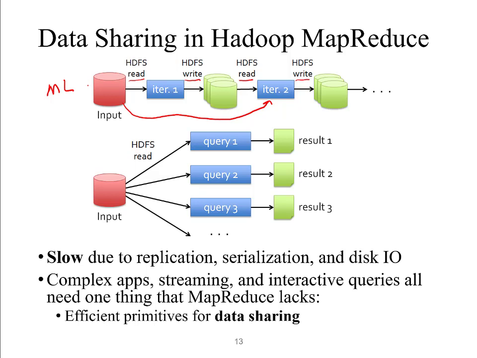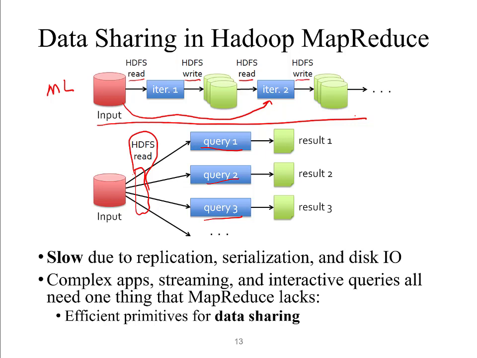And the second example is clearly an example of processing queries. So basically, for different queries, you will always need to read from HDFS, right? So apparently, Hadoop MapReduce is sometimes called slow because of replication, serialization like this and like this, and disk I/O.